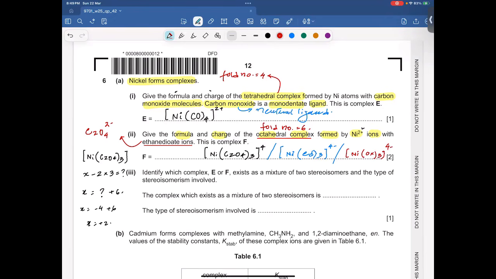Okay. So these are the multiple possibilities to write such a formula.